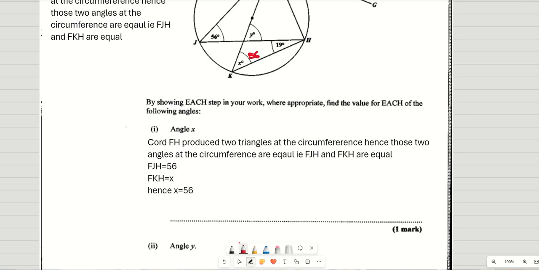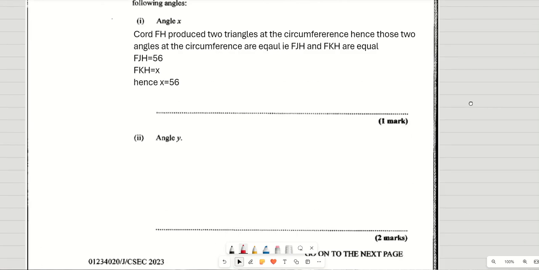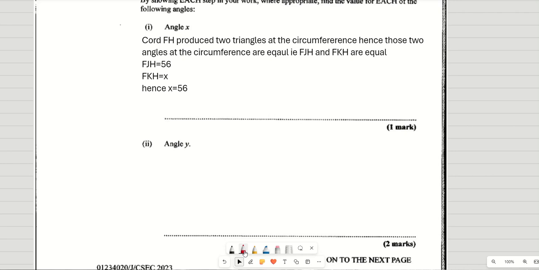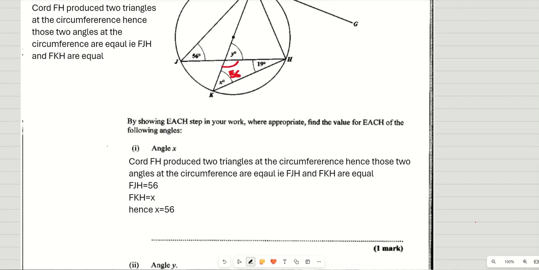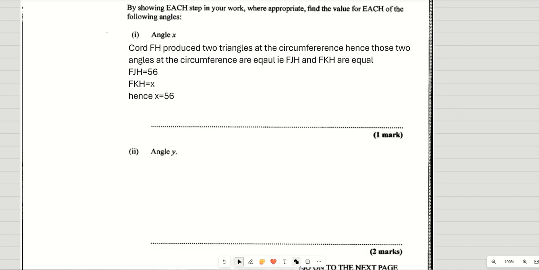We know this is 19, we know this is 56, and we want to find this angle here. If we add this angle on top here with y, that should give you 180 degrees. Let's give that angle a name. Let's call it z. So we can see that angles z and y are supplementary. Why? Because they are on a straight line.